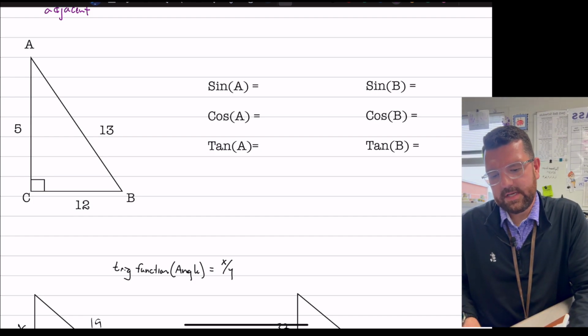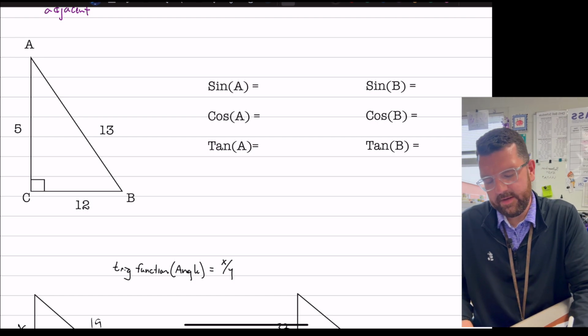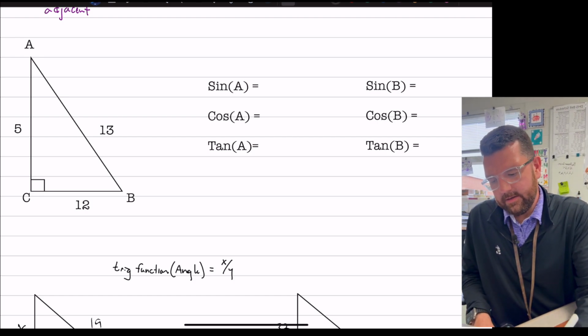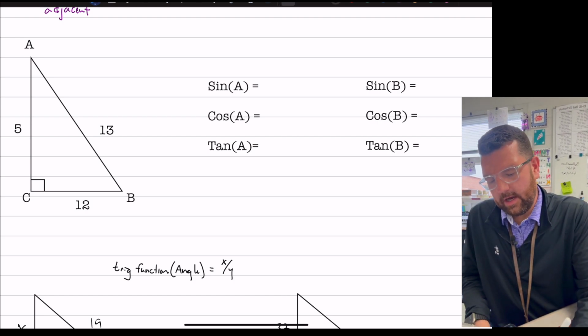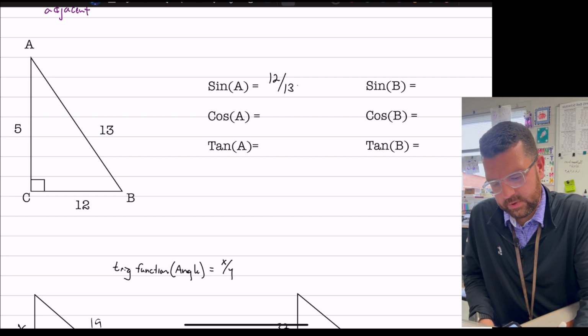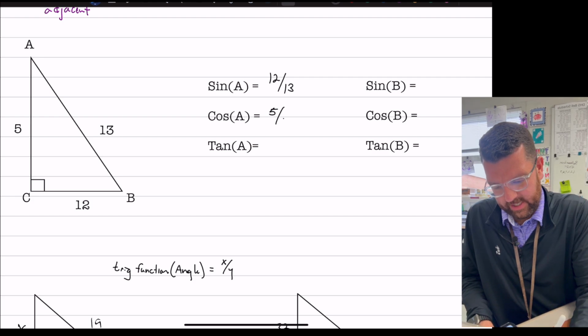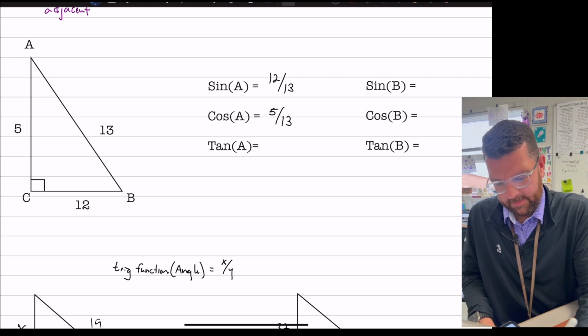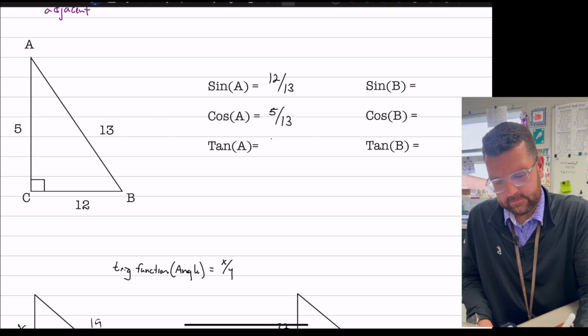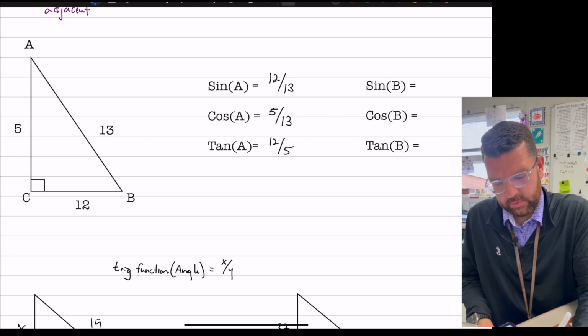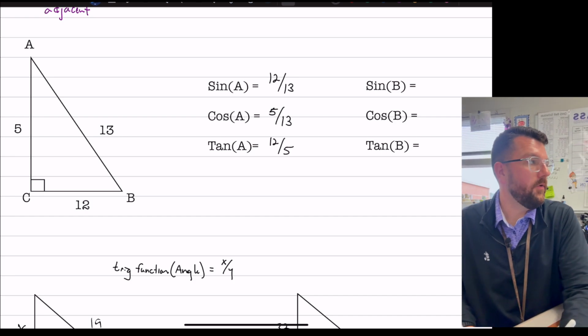Here, same 2 columns, sine of A and then sine of B. Sine of A is opposite over hypotenuse, which would have been 12 over 13. Cosine of A would have been the adjacent, 5 over hypotenuse of 13. Tangent of A would have been 12 over 5. Hopefully that's what you got.